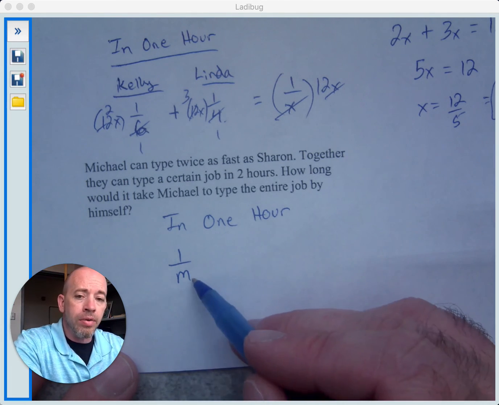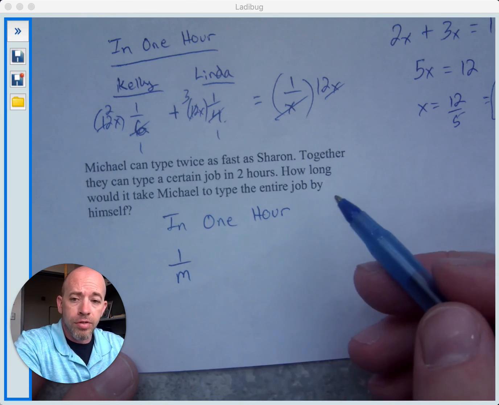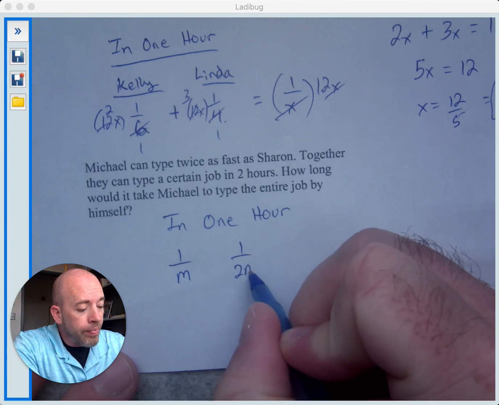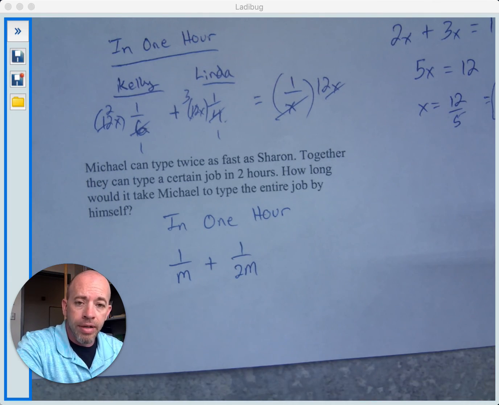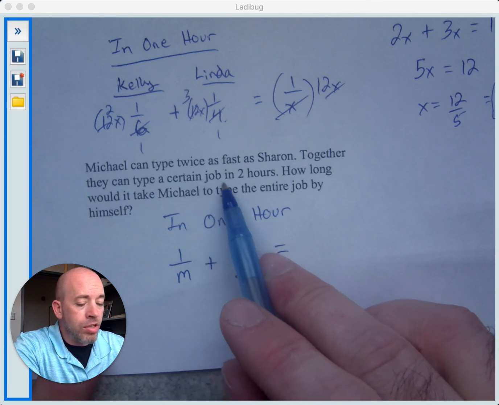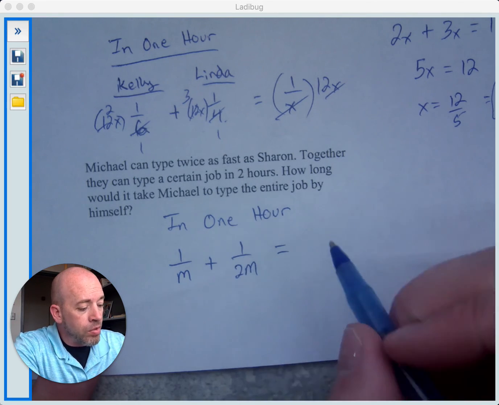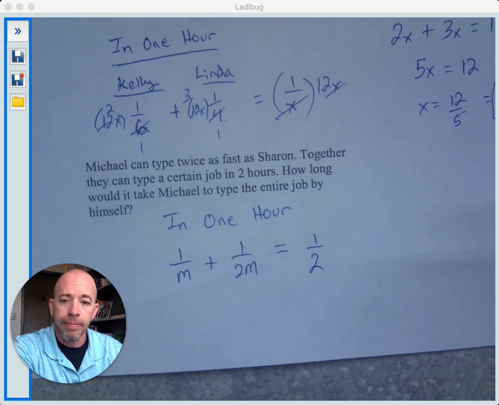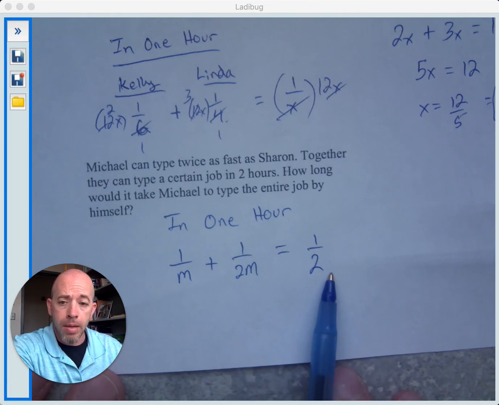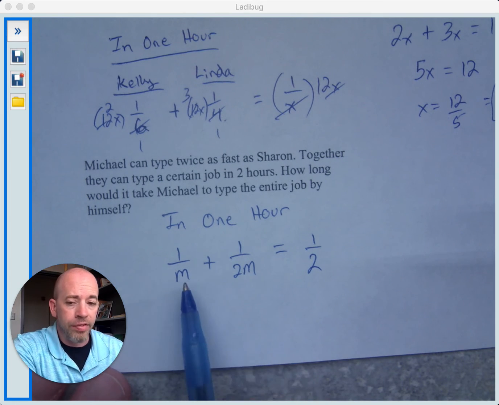It takes Michael m hours, takes Sharon 2 times that, so 2m hours. So in 1 hour, she can do 1/2m. Together, we would add them together, right? We do know that together, though, they can do the job in 2 hours, which means they can do 1/2 of the job in 1 hour. If we can solve this equation for m, we have found Michael's time, right?